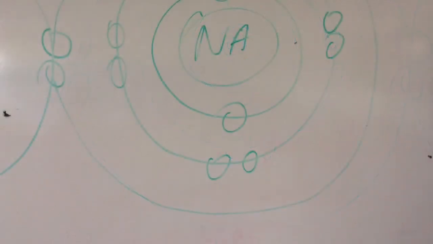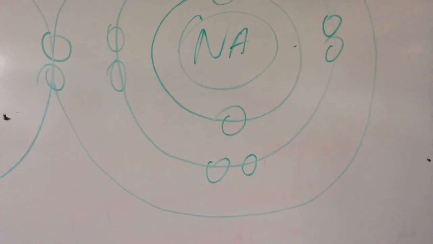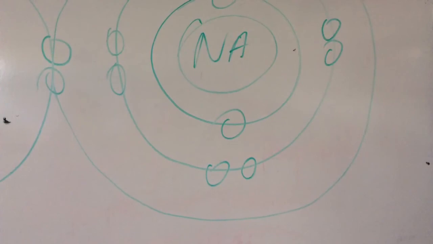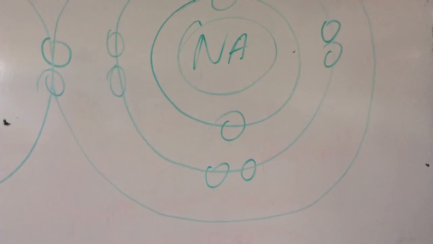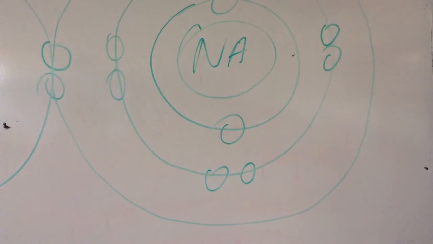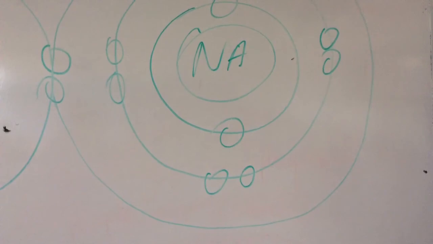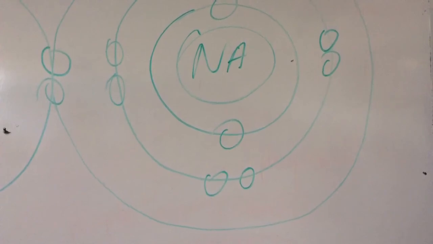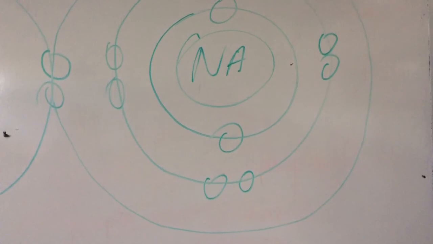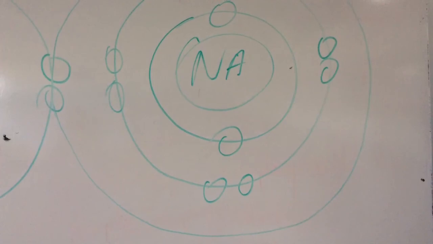Now, Na, which is sodium, has 2 electrons in the first shell, 8 electrons in the second shell, 1 electron in the outer shell, and to bond them together you have to join the chlorine atom with the sodium atom to make the chlorine atom a full valence shell, which has to have 8 electrons in its valence shell.